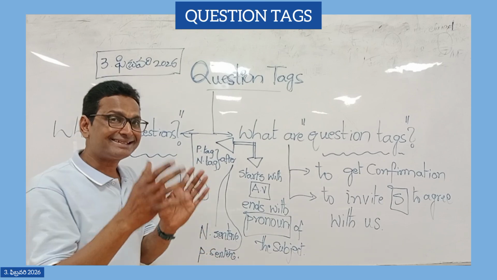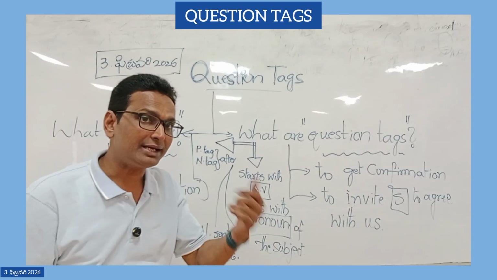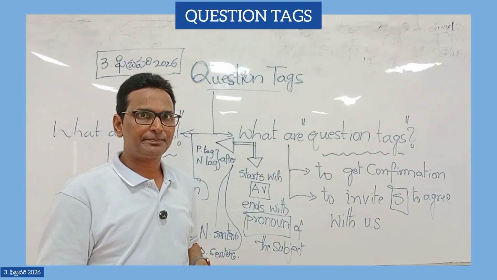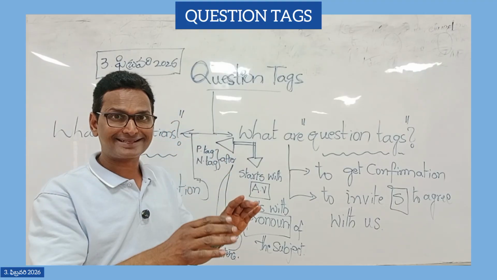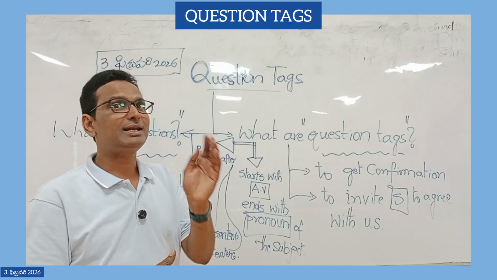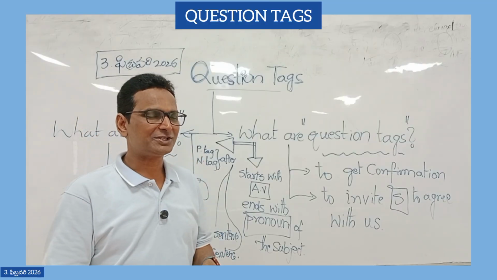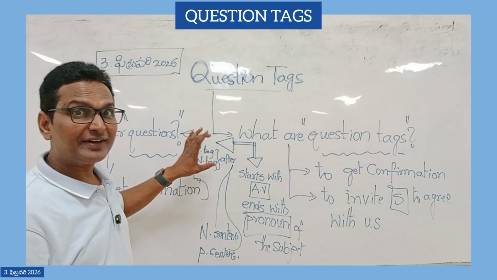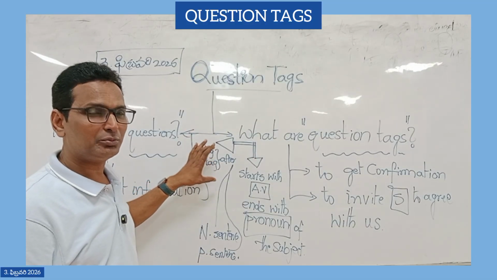Okay, if the statement is positive, you have to make negative question tag. If the statement in the context in your examination or usually when you speak is negative, you will have to make positive question tag. This is the fundamental rule. This is very, very important.